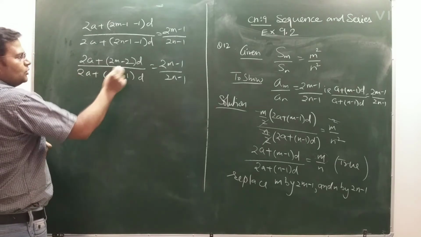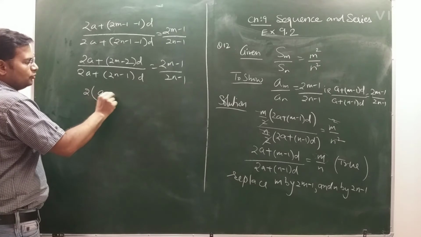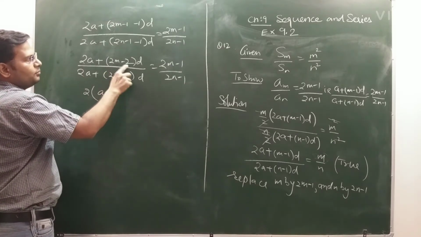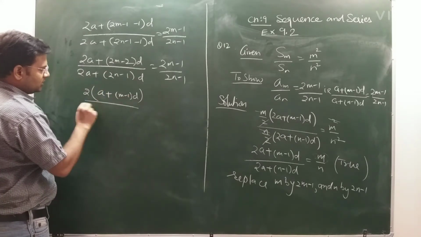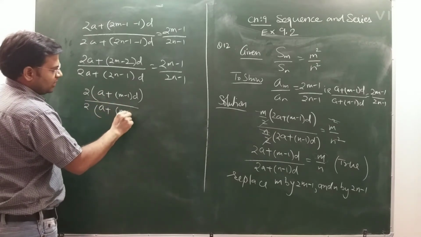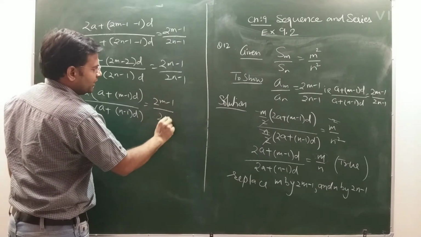Now you can take 2 common from the numerator as well as from the denominator, so you will get 2 into a plus m minus 1 d, and 2 into a plus n minus 1 d, and here it is 2m minus 1 upon 2n minus 1.